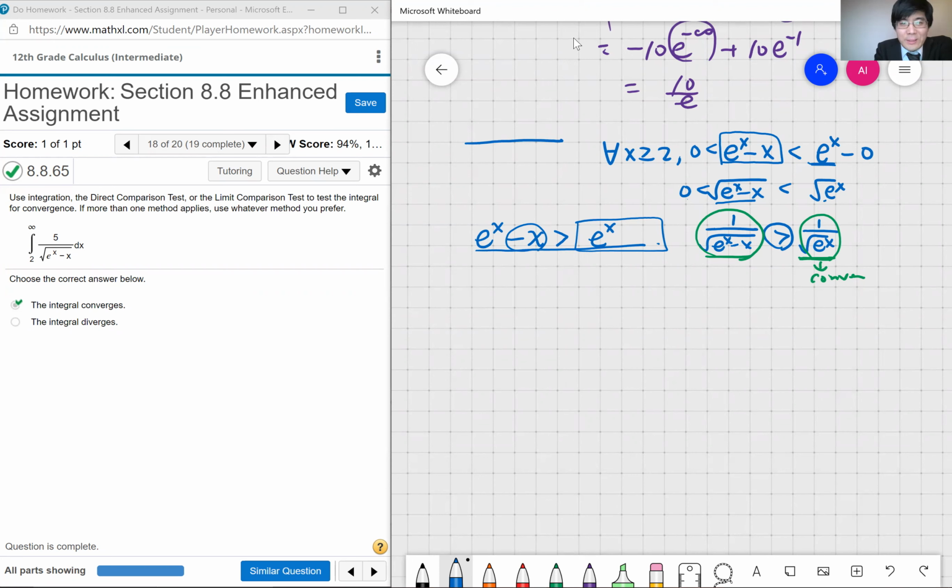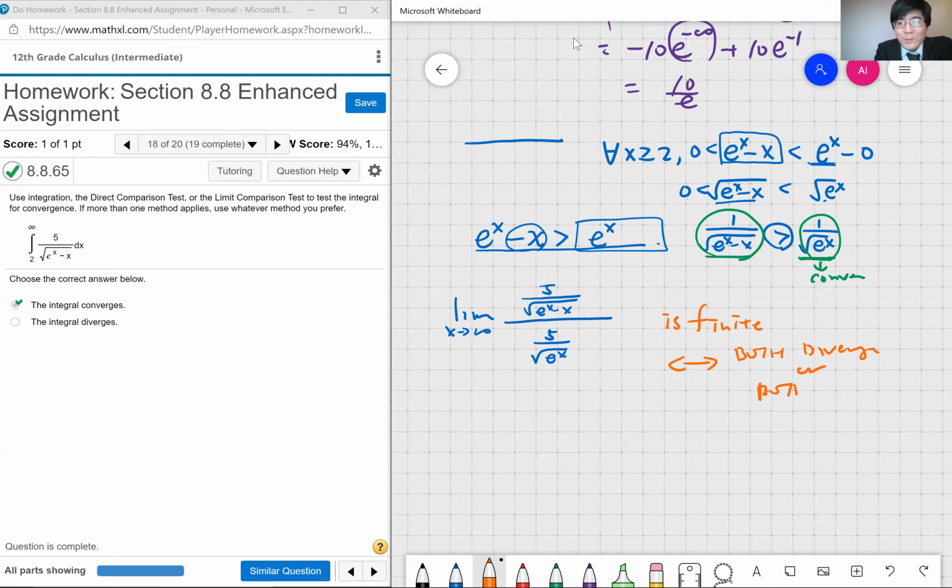Which states, if the limit of one of the function with another function, which is 5 over square root of e to the x, is finite, then that means both diverge or both converge.